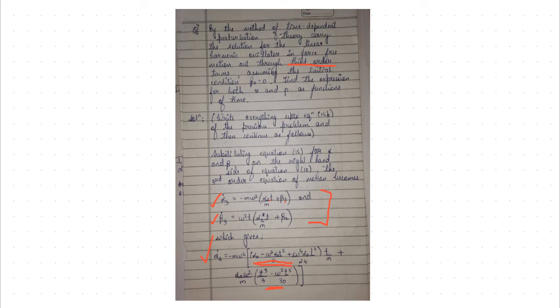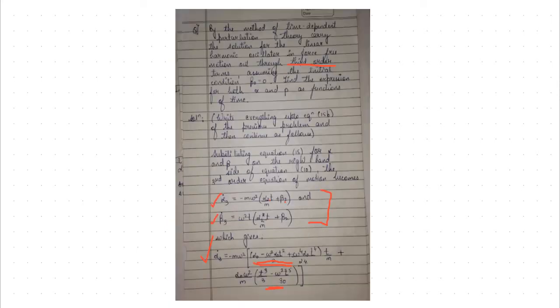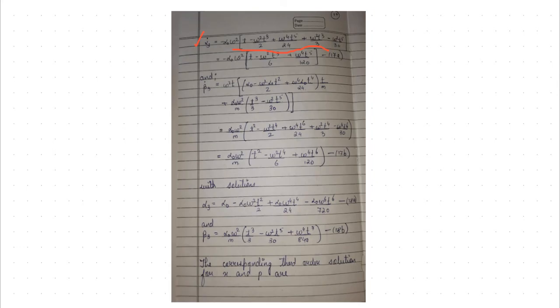Solving it will give you alpha 3 dot as this. See, it's quite simple. You just have to solve a few things. And here finally in equation number 17a, you have the value of alpha 3 dot.